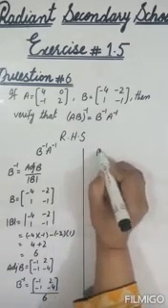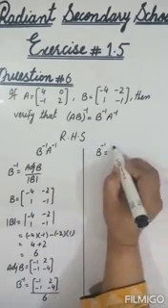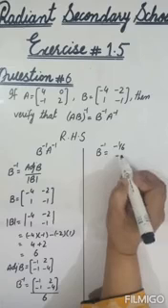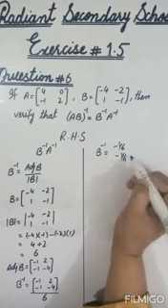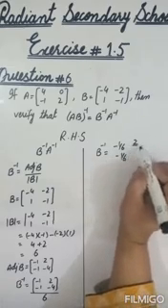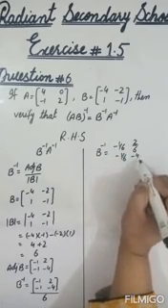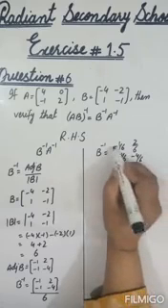Now B inverse is equal to minus 1 by 6, minus 1 by 6, 2 by 6 and minus 4 by 6.